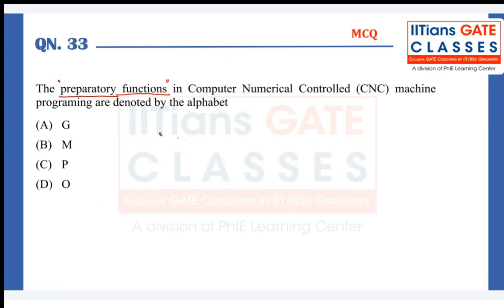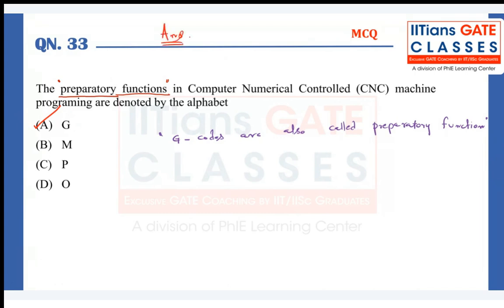I told you that G codes are also called proprietary functions. In CNC part programming, we are using the proprietary functions that we call G codes. So your answer is G codes.